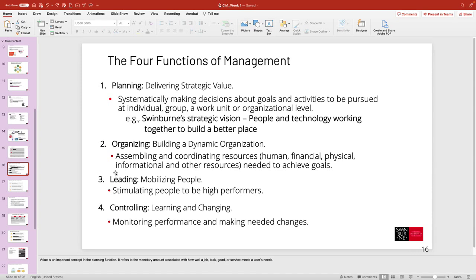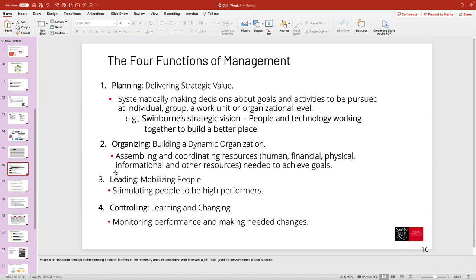The second management function is organizing. So think about this, guys. We have plans, we have strategies. We need to have some systems, build dynamic organizations. We need to assemble and coordinate resources. We need to have human, financial, physical, informational, and all the other resources to achieve goals.